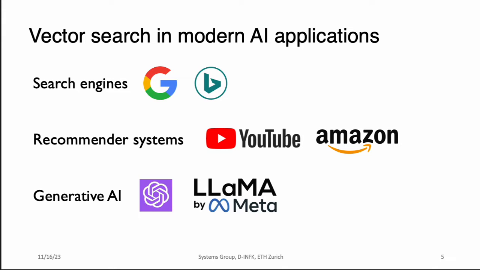Thus, the generation quality is largely improved. Also, once we decouple the knowledge from the model, it is easy to edit the knowledge that the model can access. We can just add the latest news to the database, and then the model can access it without retraining.